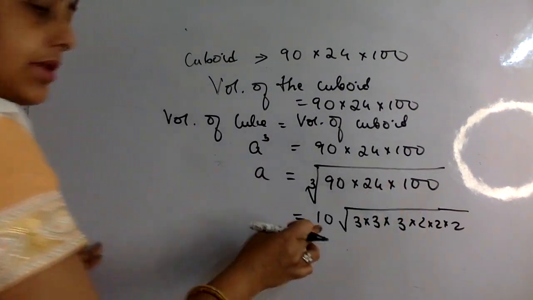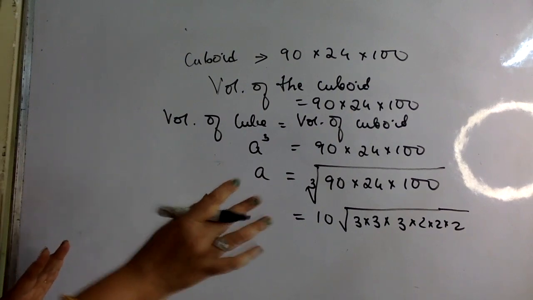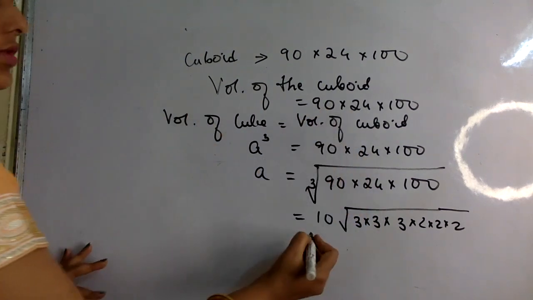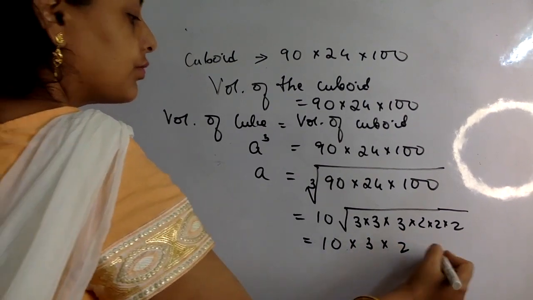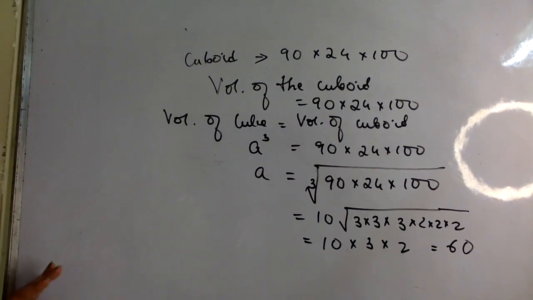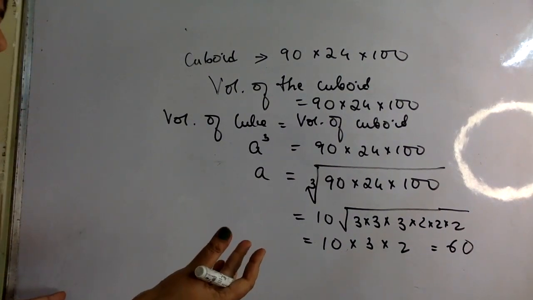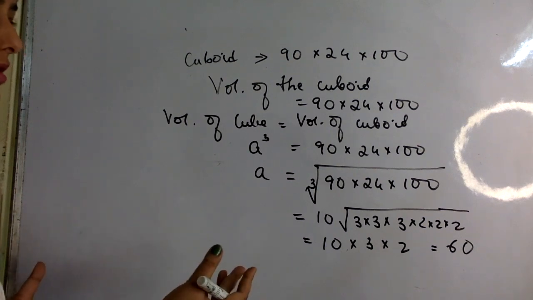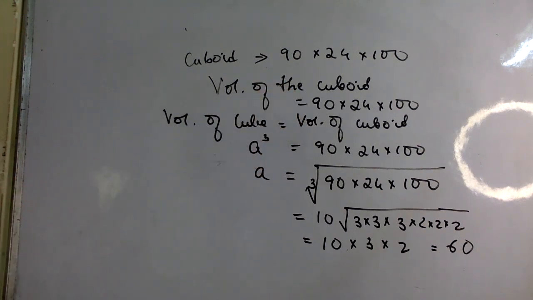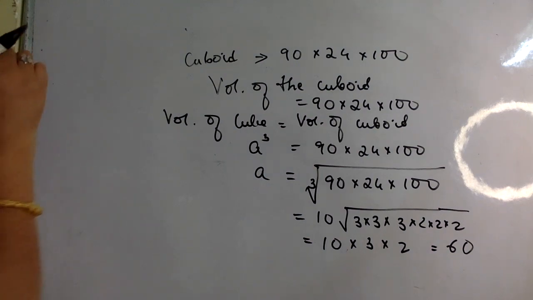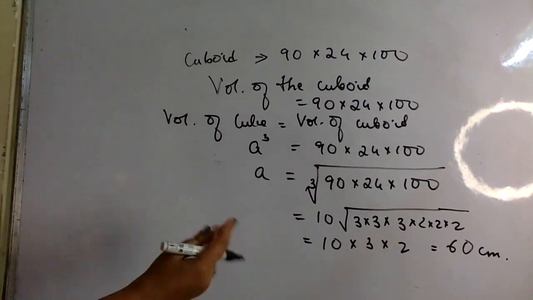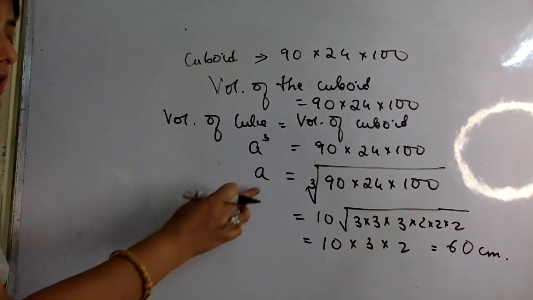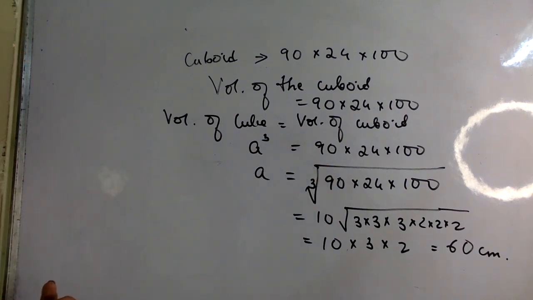The 3 zeros have already been used up by taking the cube root of the 1000. So 10, from these 3s take out one 3, and from the 2s take out one 2, this is 60 centimeters. Since the dimensions are given in centimeters, my answer is also in centimeters. So the edge of the new cube is a equal to 60 centimeters.